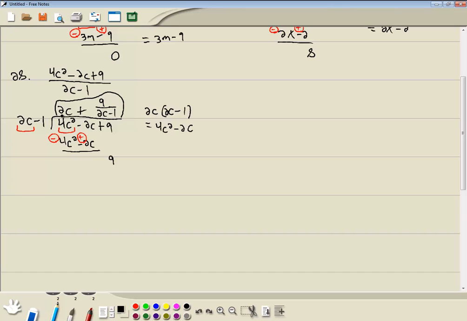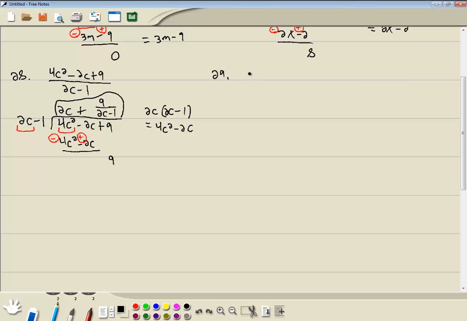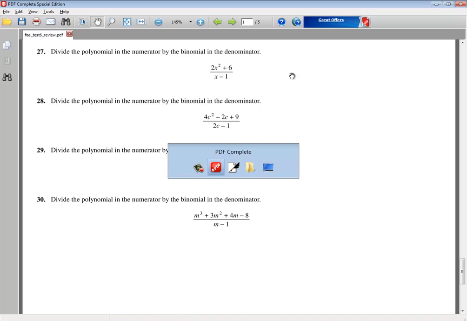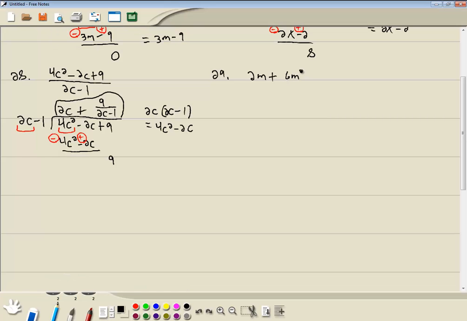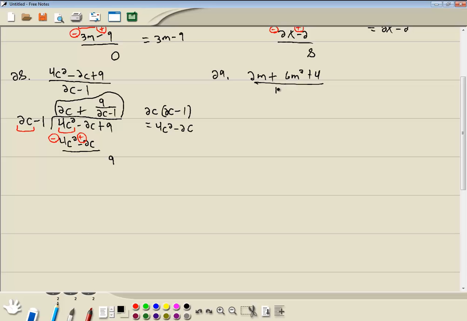Number 29. We got 2m plus 6m squared plus 4 over 1 plus 3m. Okay, as I write this down, I want to put them in standard form.